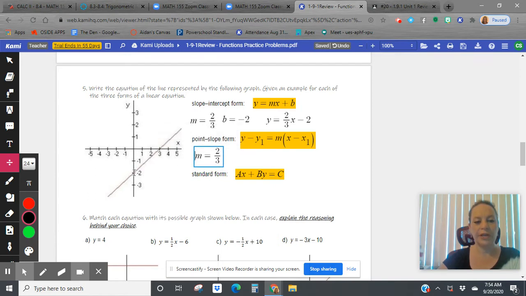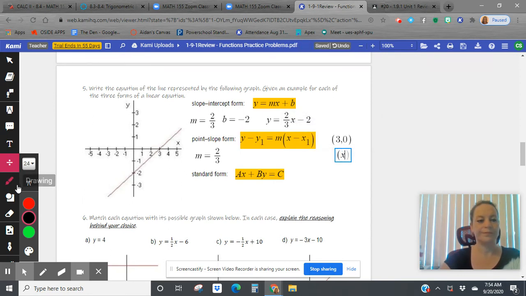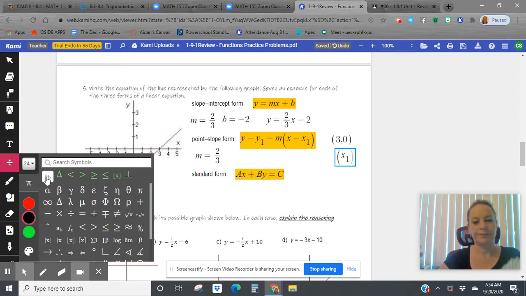So if I choose any other point, for example, this 3, 0, and this is considered my x1, y1, when I'm plugging into the formula.